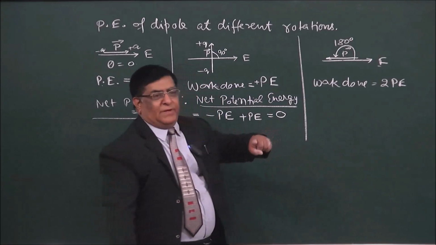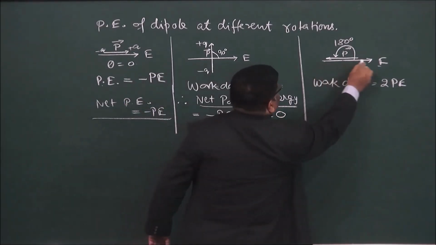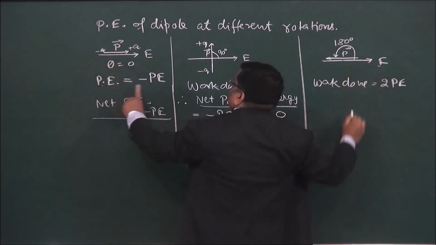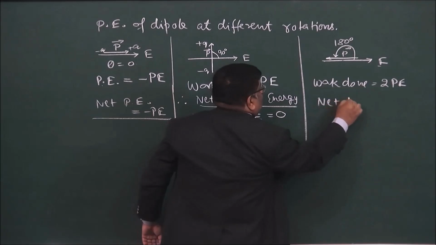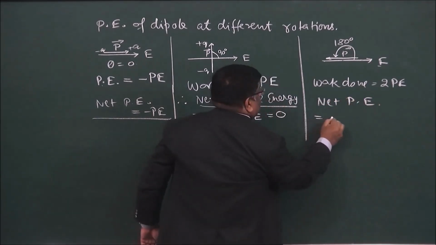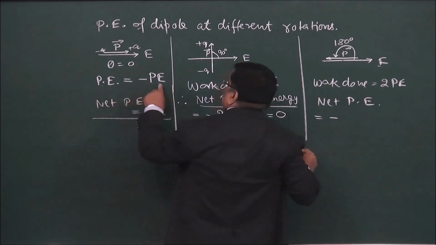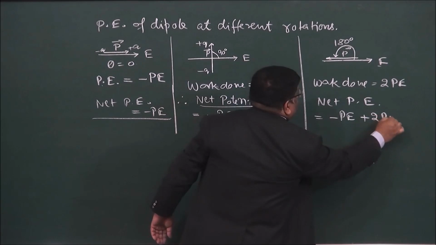Okay, remember we have just done it. Then what was potential energy in this location? This was minus PE. So here net potential energy is equal to minus PE was the energy here, and we have done a work equal to 2 PE.